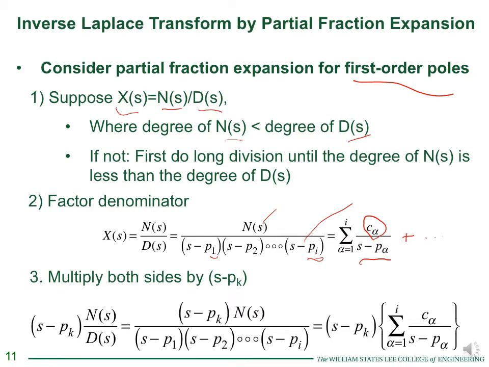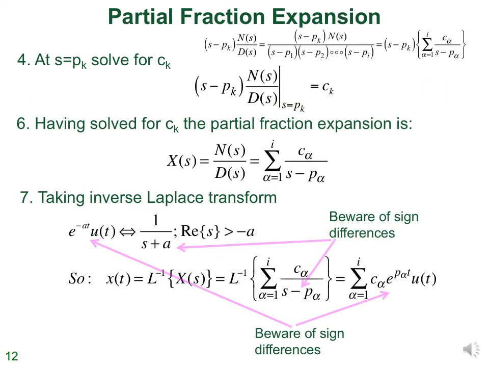So to do the partial fraction expansion, or see how it works, let's just take a look at this and multiply both sides of the equation by s minus one of those poles. Let's call it the kth pole, and see what happens on both sides of the equation. At s equals one of the pole locations, the left side of the equation we'll just leave the same for now.